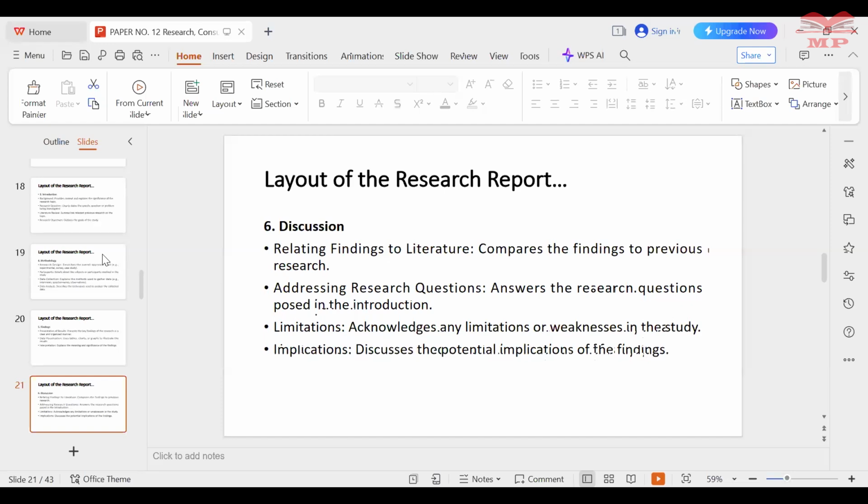So it is important that implications of the study are brought out in relation to the discussion that is provided in the layout of the research report, which is the discussion.